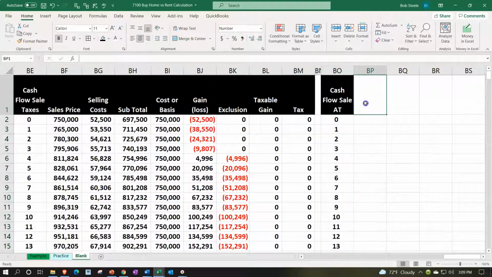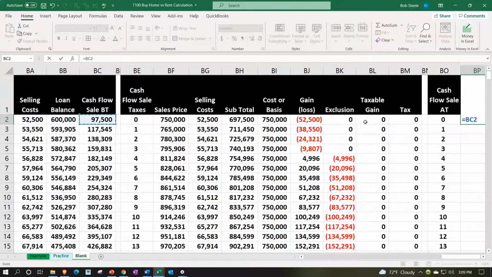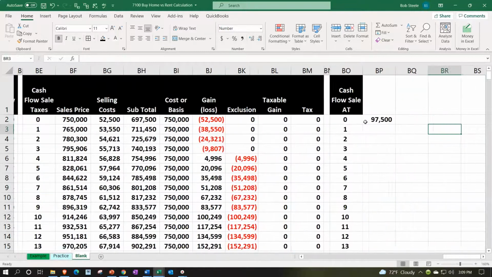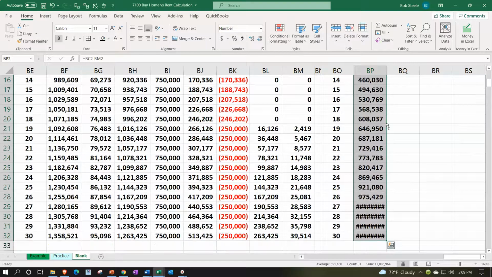And then we're going to say the cash flows after taxes is going to be equal to the before taxes amount, the 97.5, minus, if there are any taxes, which there won't be until year 19, the tax outflow, copying that down. So there we have it.